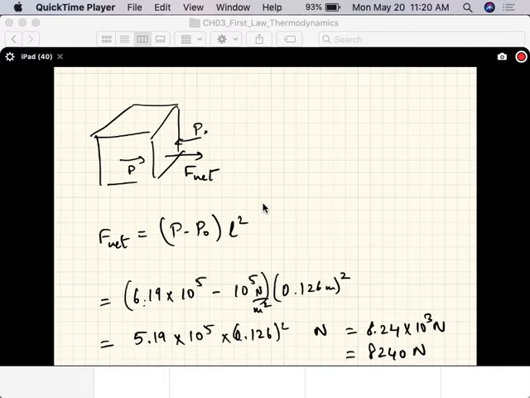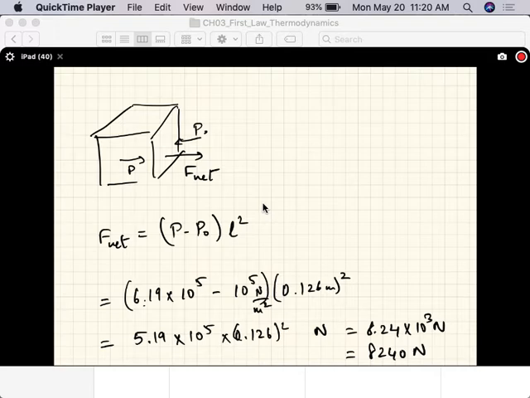Now this is the weight. Most of you guys weigh about, let's say, 60 to 70 kg. We'll say 80 kgs. 80 times g is 800 newtons. So your weight is 800 newtons. So 8,000 newtons is 10 times your body weight.